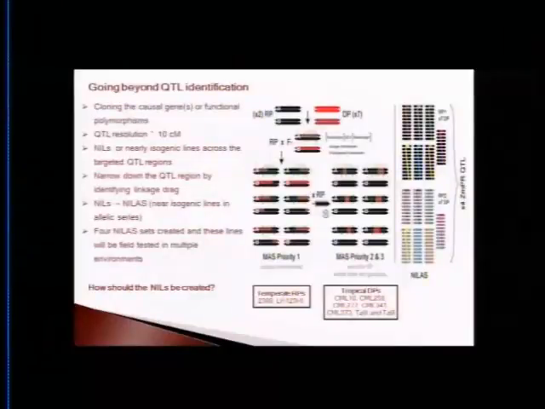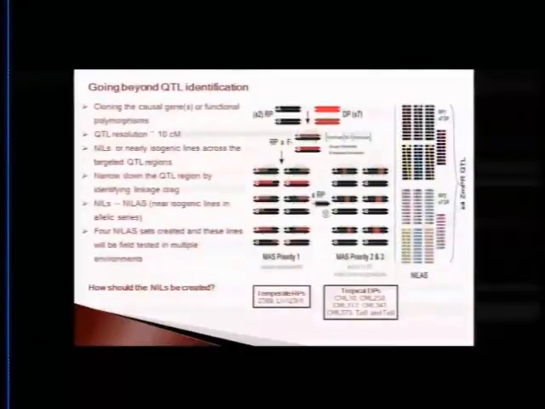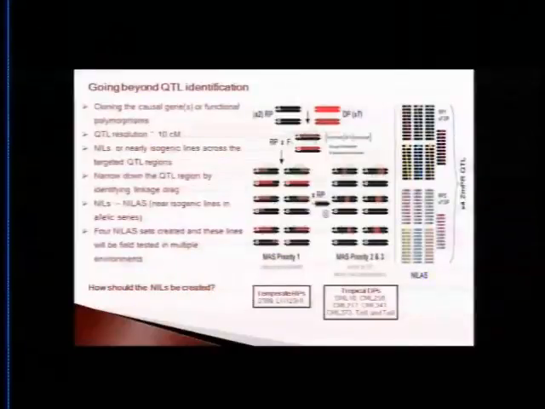NILs are desired to study the effects of these smaller donor fragments, smaller chromosomal segments within the targeted QTL, and they can thus be used to narrow down the QTL region.